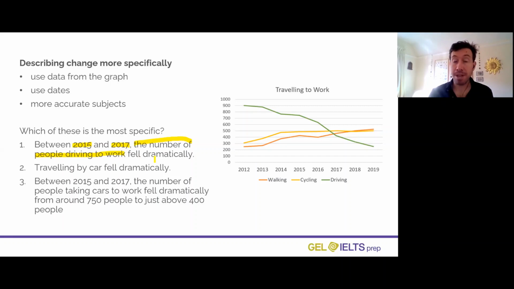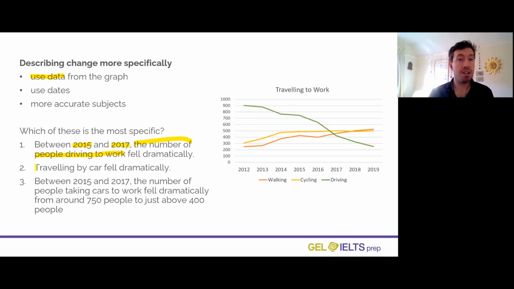The problem here is that it doesn't give any data. So that was what we said in bullet point 1, we need to use data from the graph. Here there is no data. How much did it change by? We want to know. So that's quite specific, but is it the most specific?